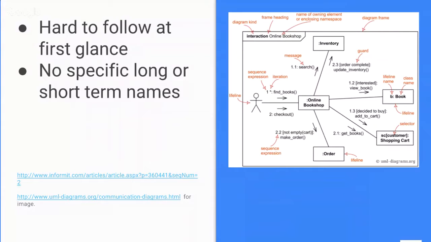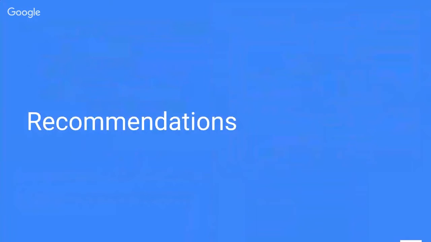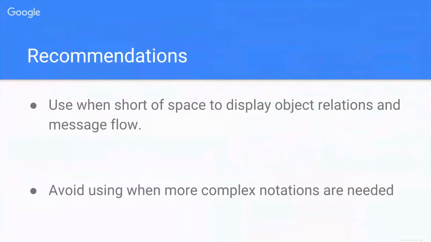So again, hard to follow at first glance, naming systems, and you really do have to pay attention to the numbers attached to the messages between the boxes so you're able to read the entire diagram. Now some recommendations: one, this is a great tool to use when you're short of space to display objects and message flow.